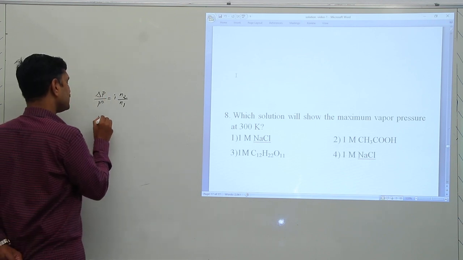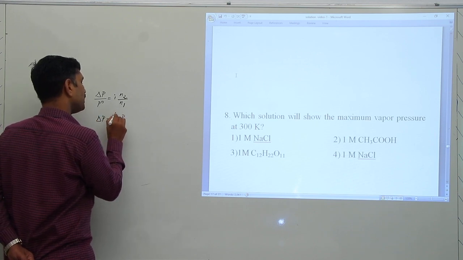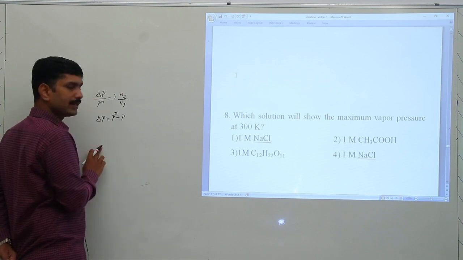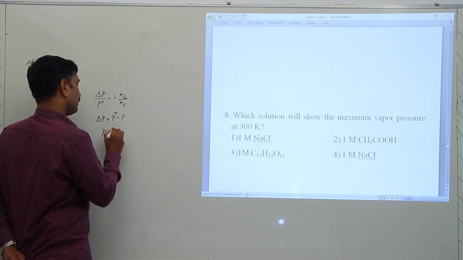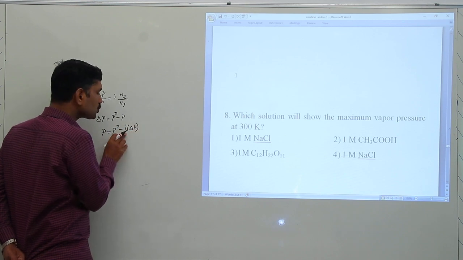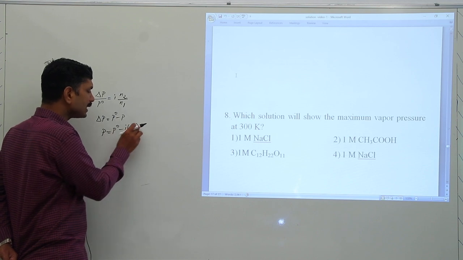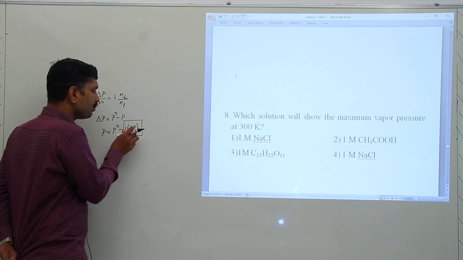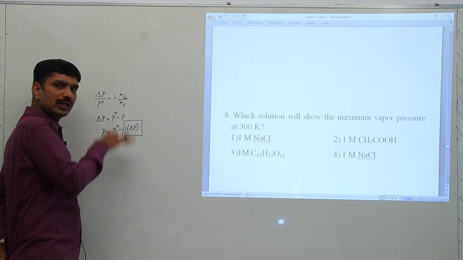ΔP is the difference between the vapor pressure of the pure solvent and the solution. The vapor pressure of the solution P is equal to P naught minus ΔP, that is i into ΔP. When i increases, i into ΔP also increases, and the vapor pressure of the solution decreases.